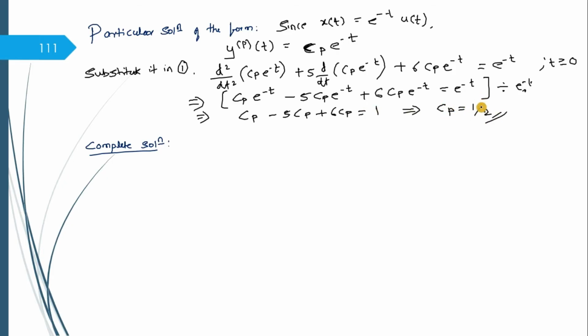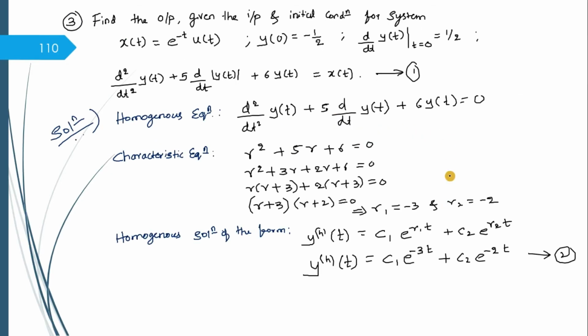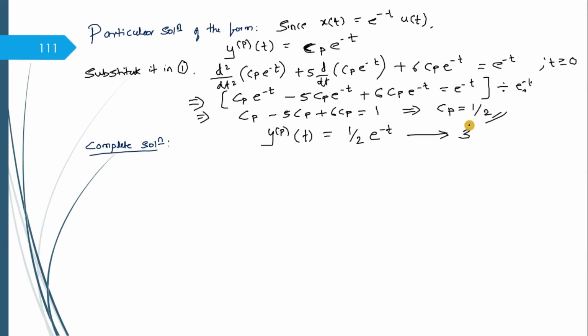Substitute it in the particular solution form. In place of Cp, I write 1 by 2, so the particular solution is 1 by 2 into e raised to minus t. This I name as equation 3.